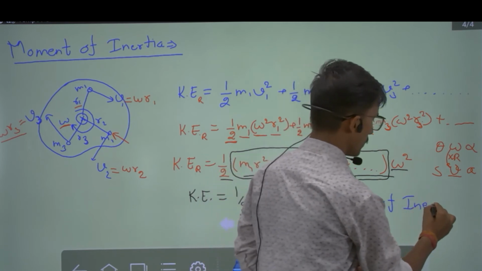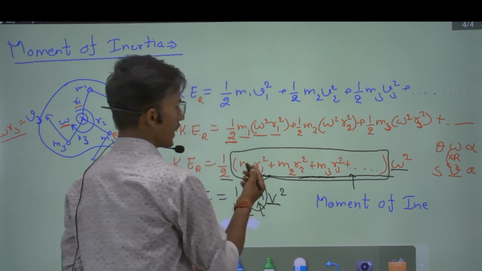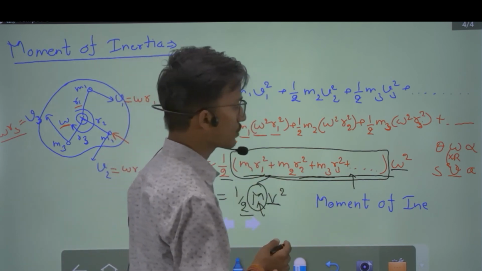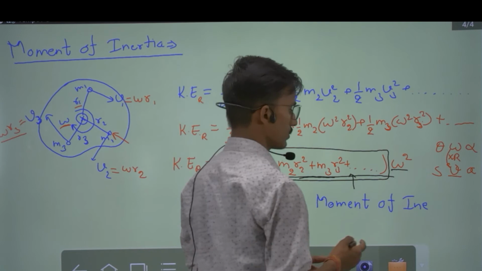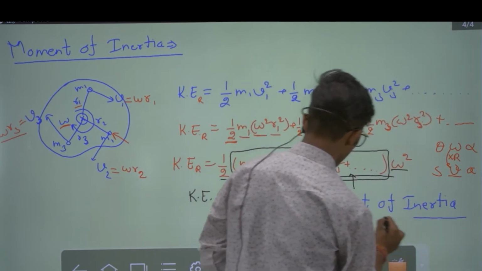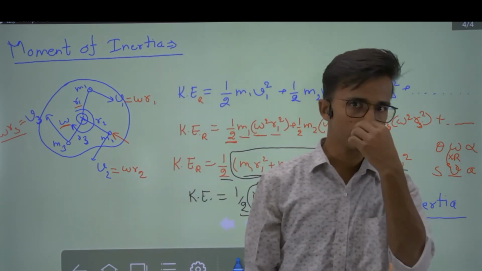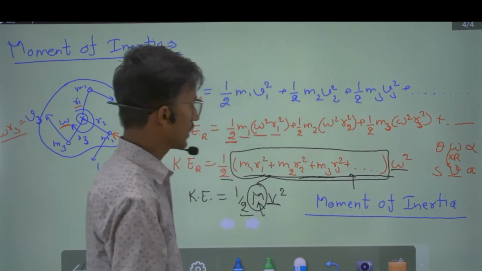So now I think you have understood what moment of inertia is and why we take moment of inertia as m1 r1 square plus m2 r2 square plus m3 r3 square and so on, because the moment of inertia is mass in a rotational motion. It will work as a mass in a rotational motion.